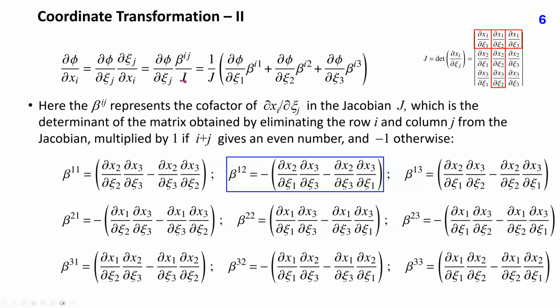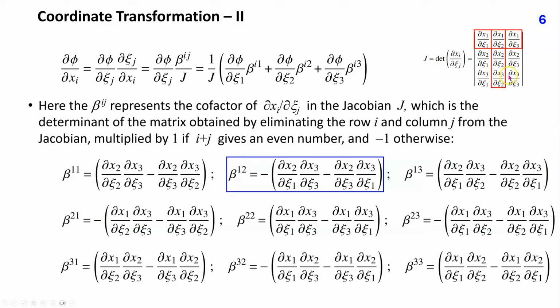The cofactor of delta xi to delta xj in the Jacobian J is the determinant of the matrix obtained by eliminating the row i and column j from the Jacobian, multiplied by 1 if i plus j gives an even number and minus 1 otherwise. For example, for beta 1,2, we eliminate the first row and second column from the Jacobian and compute the determinant of the remaining 2 by 2 matrix.